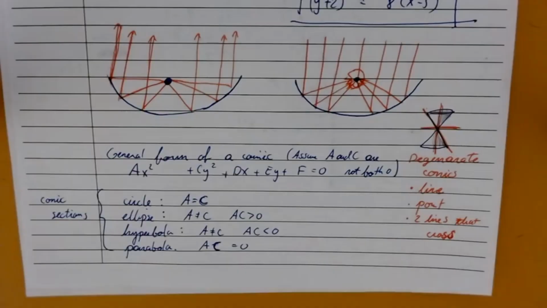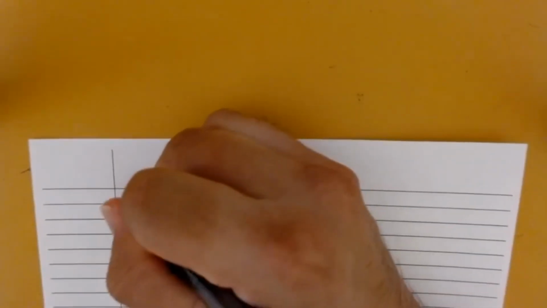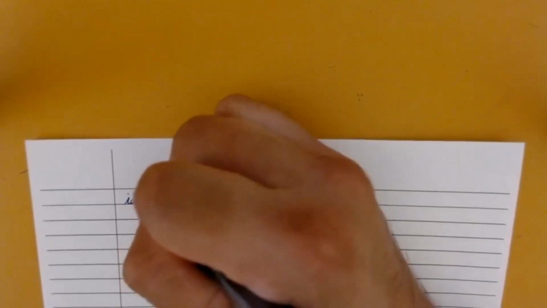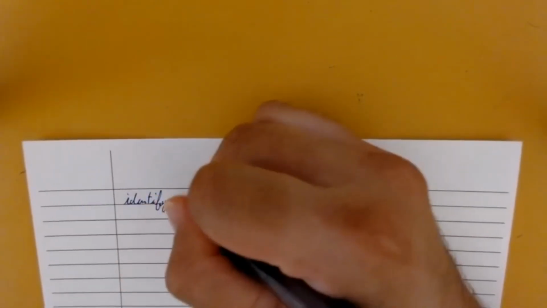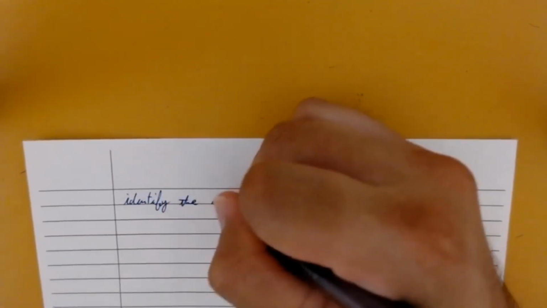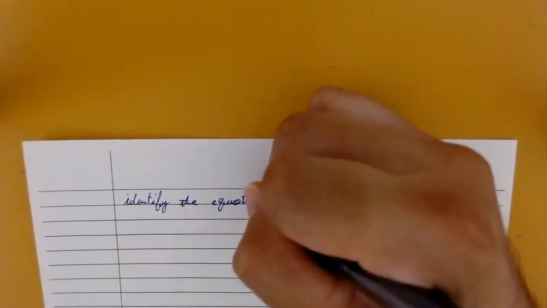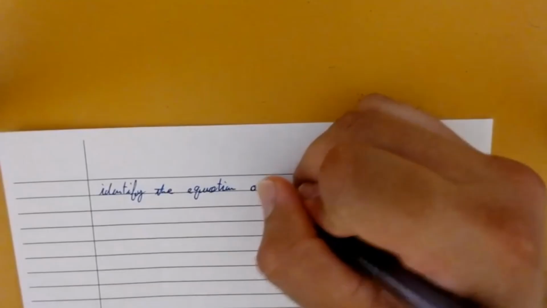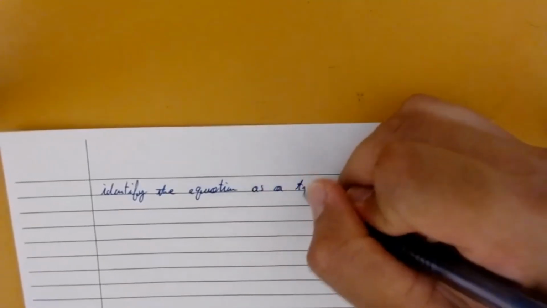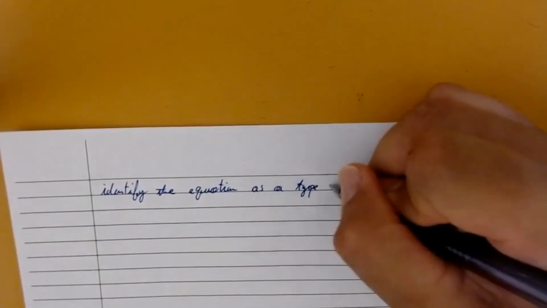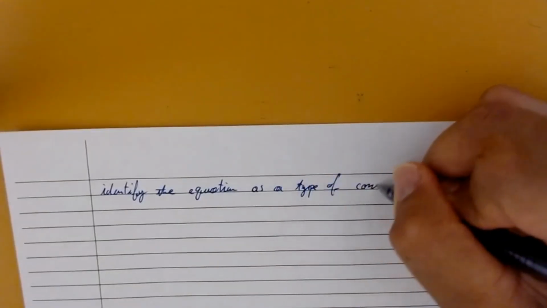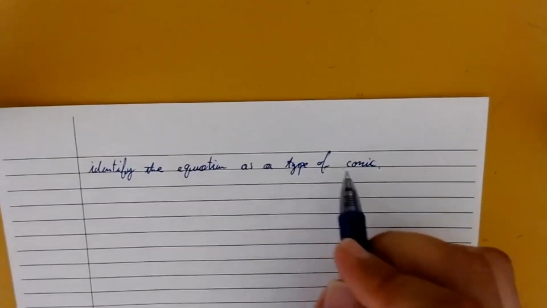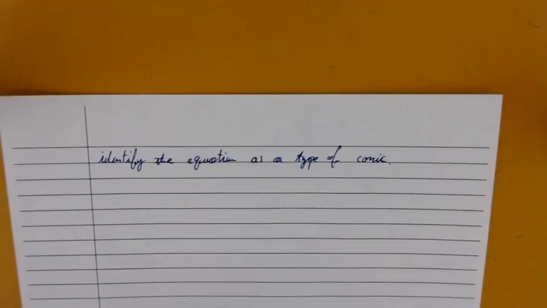So, for example, let's identify an equation as a type of conic. And when we say conic, again, we're assuming it's not a degenerate conic, not a line or a point.